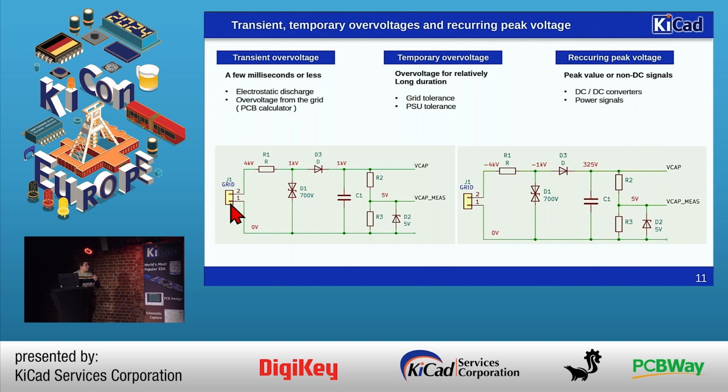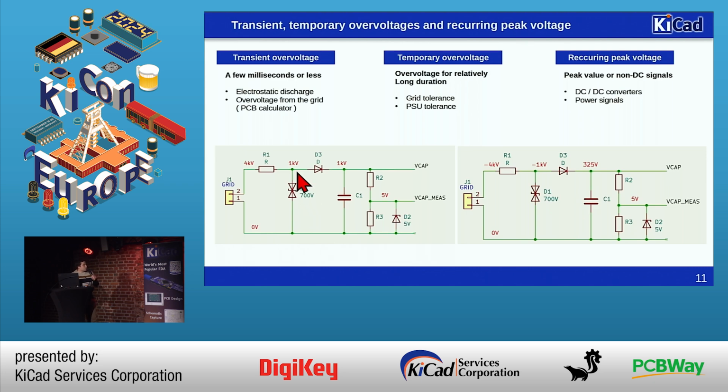So right here, let's say this is a simple rectifier, so AC to DC, and we apply 4 kilovolts, and we look at how this will go down the line with all the protection. Here, if I have a 700 volt diode, maybe it will clamp at 1000 because there's a lot of current. Depends on the diode and the application.